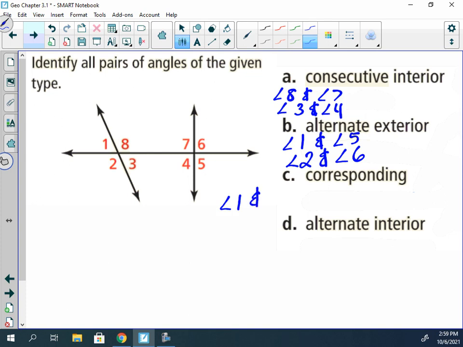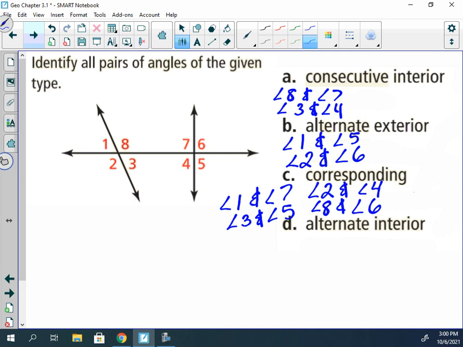Corresponding, this is the one we have the most. We can start out with 1 and 7, 2 and 4, 3 and 5, 8 and 6.